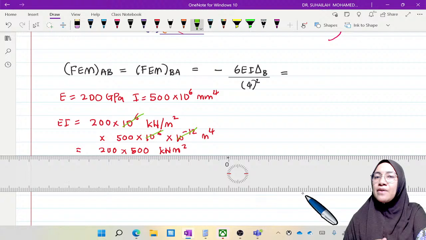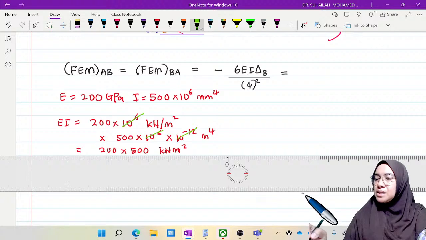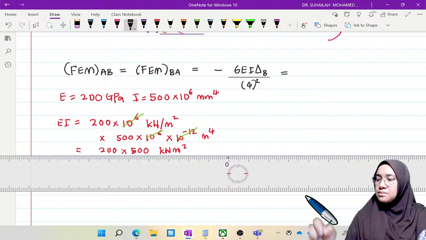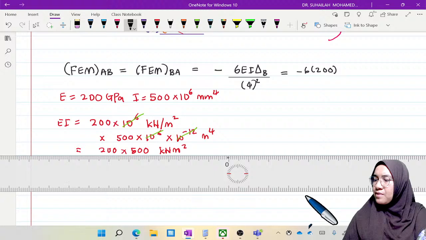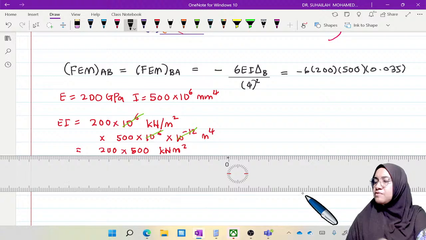So we substitute the value: negative 6, E is 200, I is 500, times delta, 0.035, because we have put negative in the formula, divided by 4 squared, which is 16.